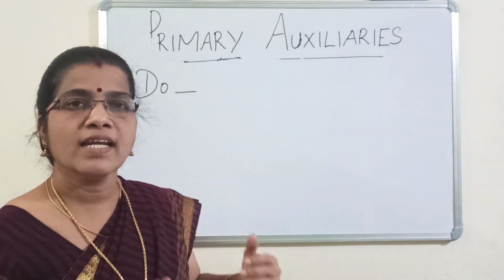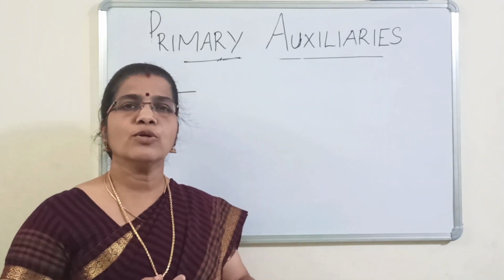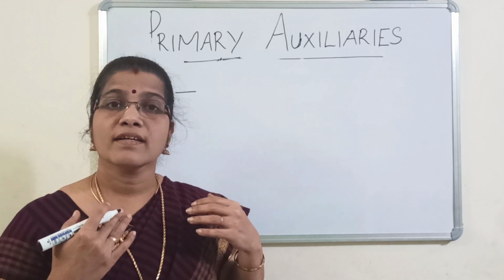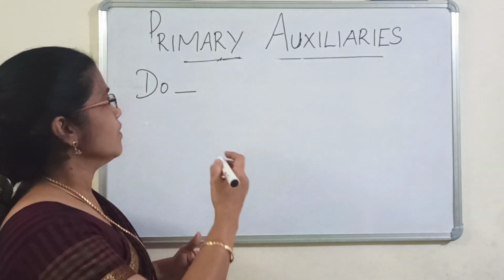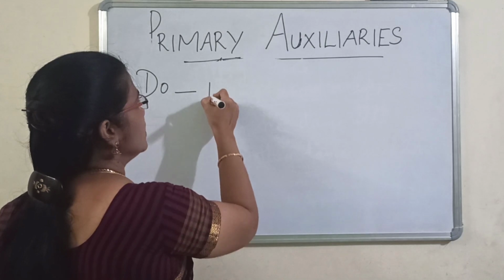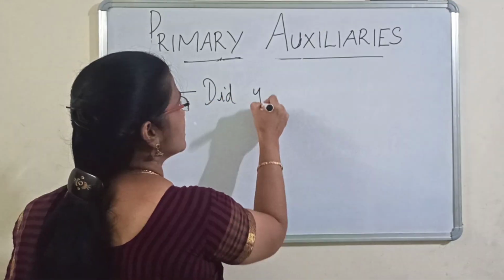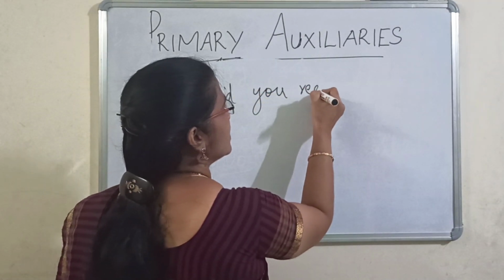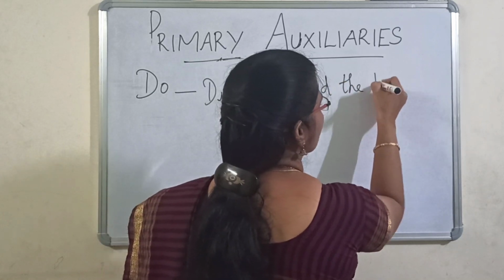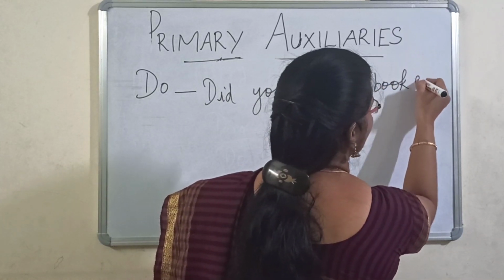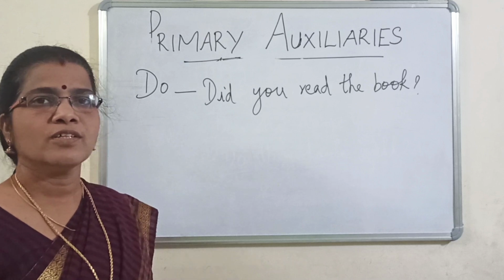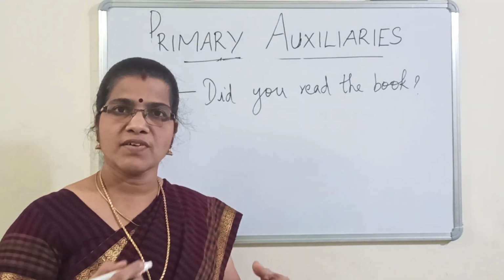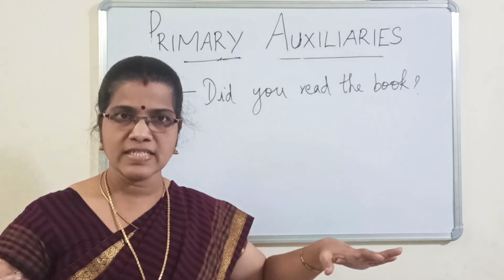The next usage is, I told you, it is used to avoid repetition. How do you avoid repetition? If somebody asks you, did you read the book? You can answer, yes, I read the book. That's a complete answer.